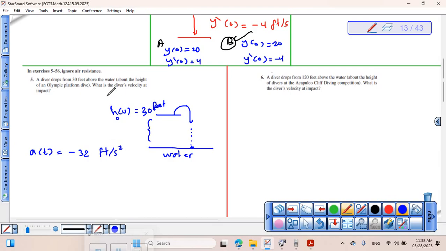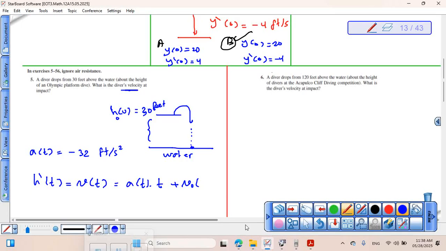We need the velocity, so we can write h prime at t, or v of t, equals a of t times t plus v null.